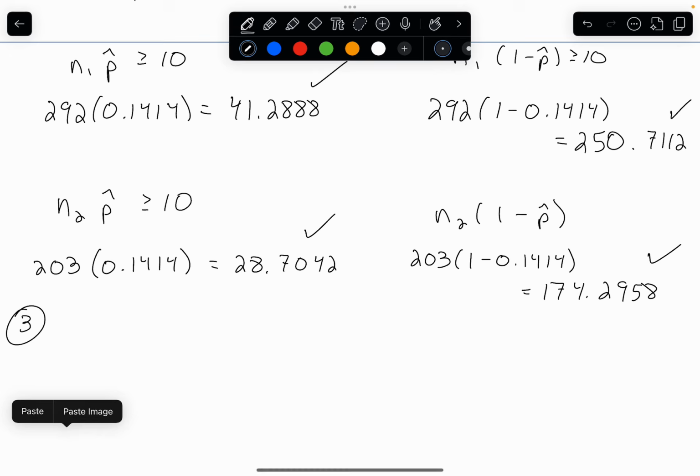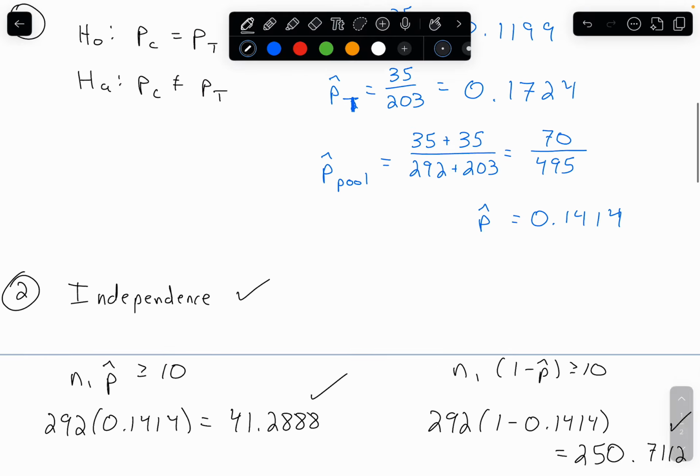Step 3 is when we're going to go find our test statistic and our p-value. If you want to calculate these by hand, you certainly can. This is generally not a step that I'm going to recommend doing by hand in these types of problems because it was quite lengthy. So just to see what that process looked like on our graphing calculator, remember that we're going to need some information.